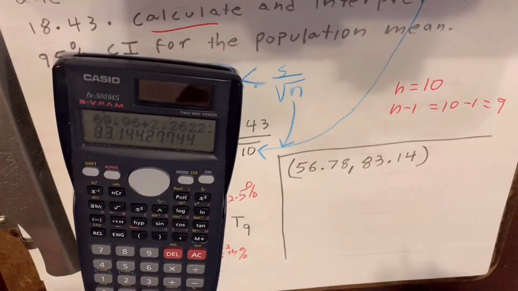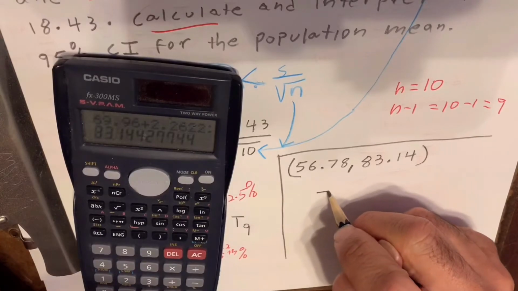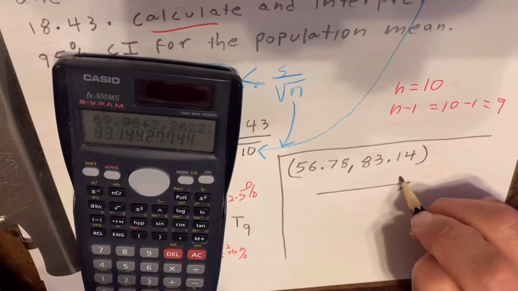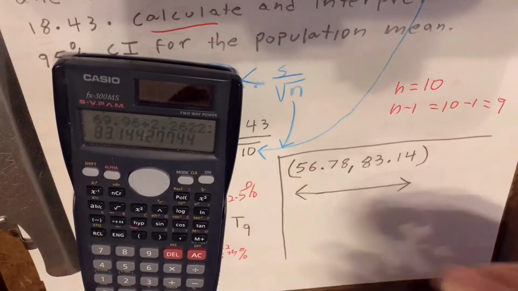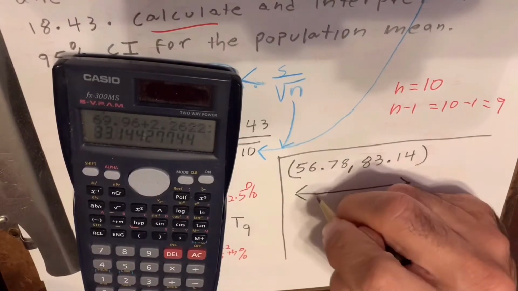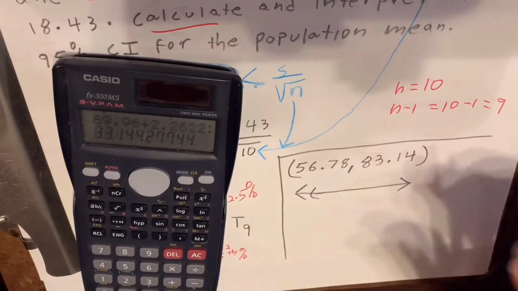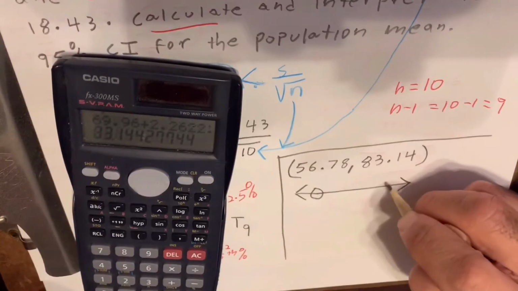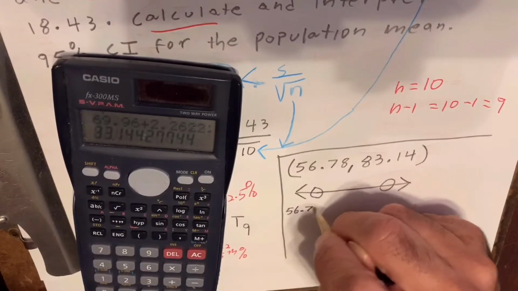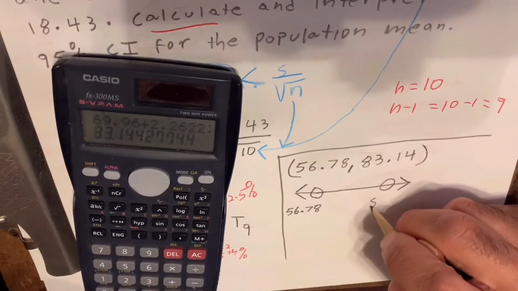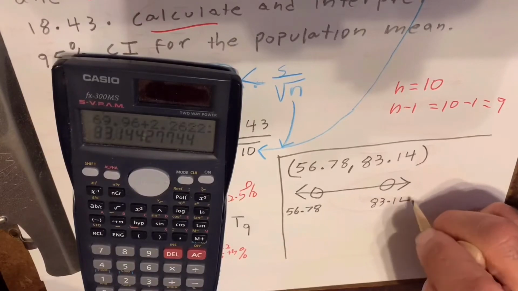Now, some professors might want you to put this on a number line. I mean, I don't know. I don't. But some professors might want you to actually put this on a little number line and write 56.78 over here and 83.14.